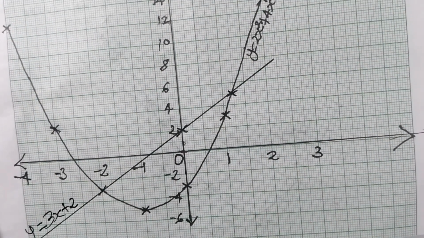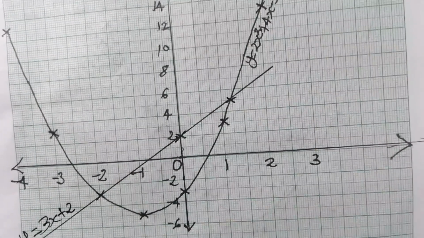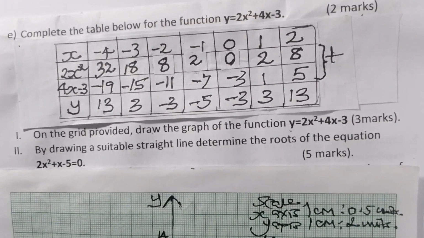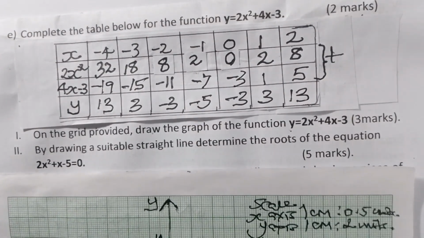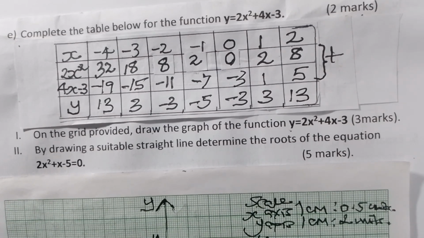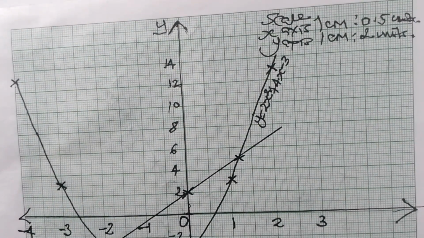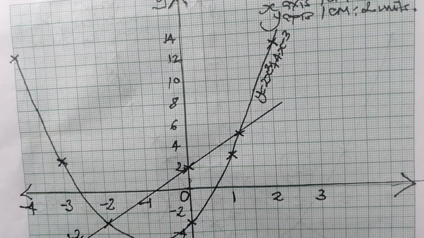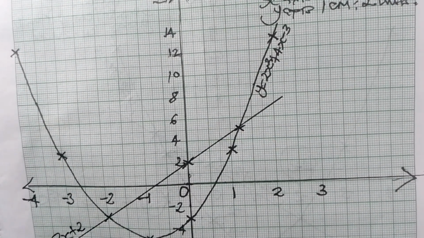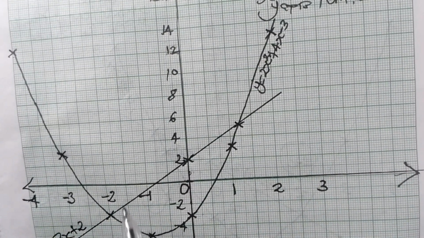Now we need to get the roots of the equation 2x squared plus x minus 5 is equals to 0. Now to determine that becomes easy. What we need to do, we consider where the straight line intersects with our first function.